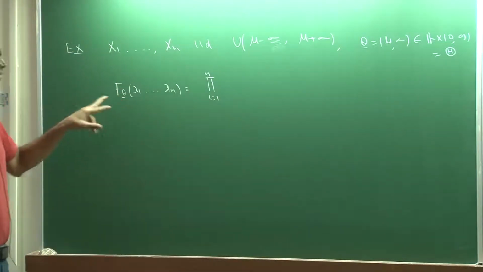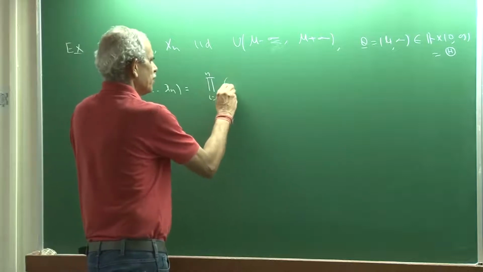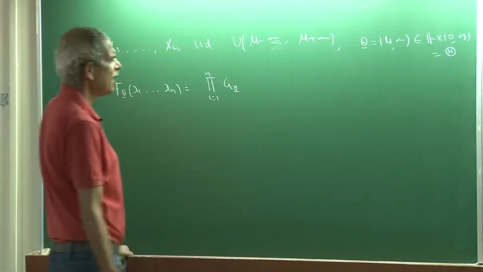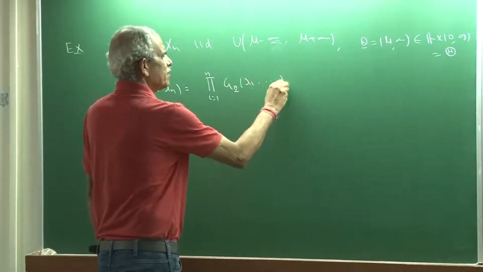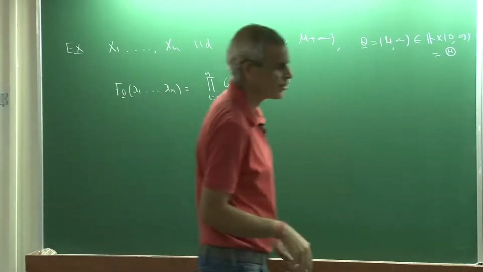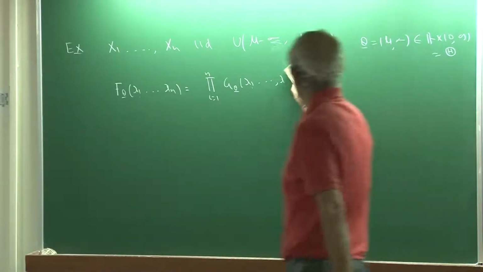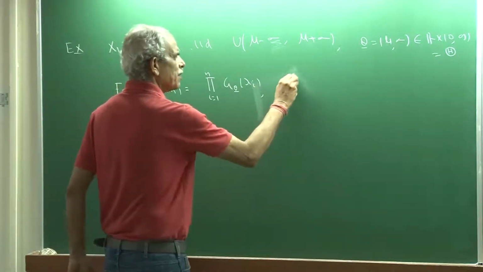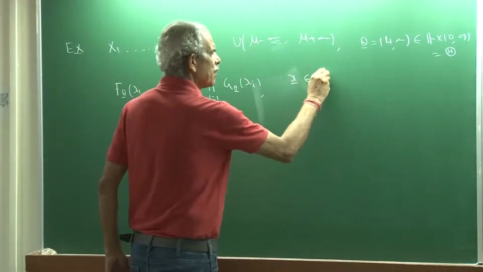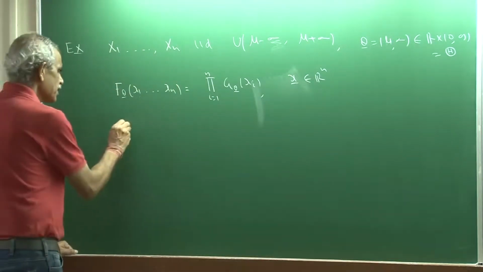Because they are IID, this common distribution function is not going to depend on i, so it would be only g theta of xi, because they all have the same distributions and they are independent. I need to tell what my g theta x is.